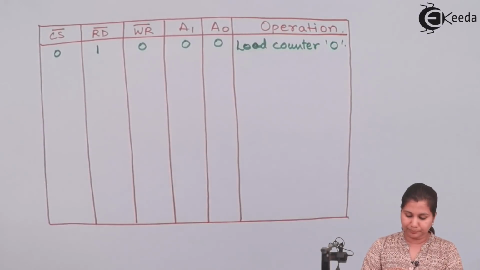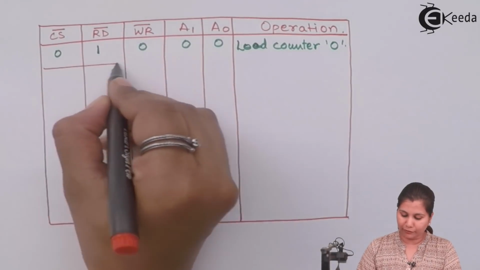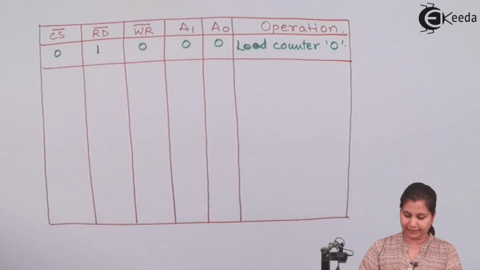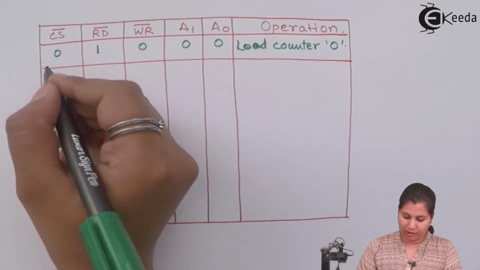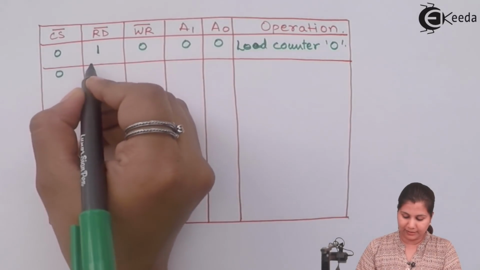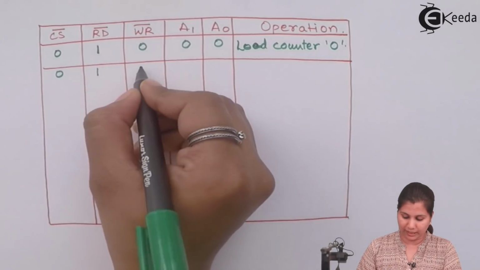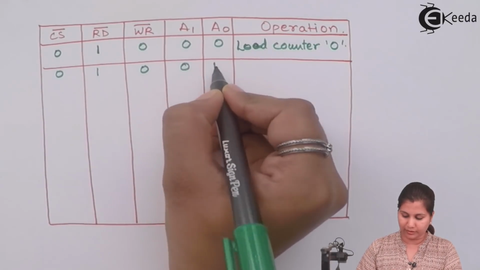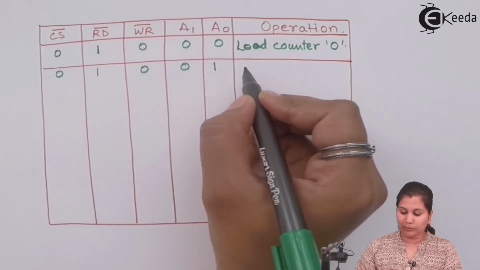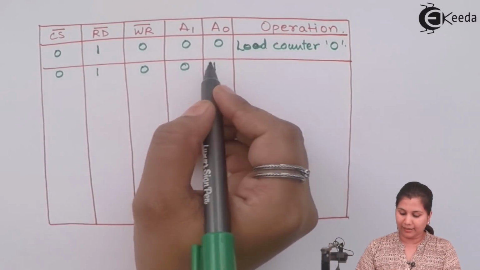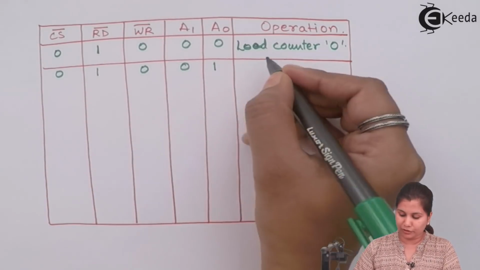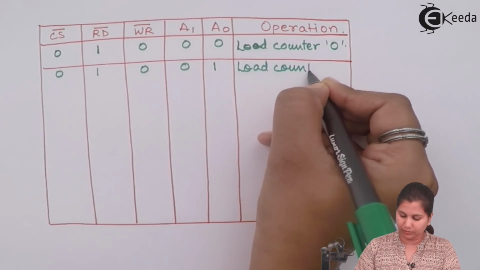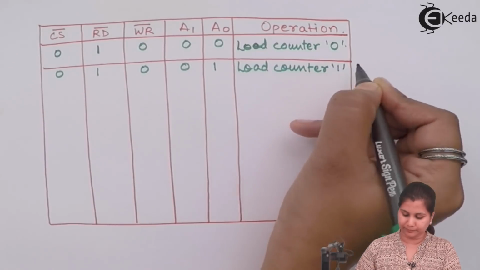Now we again have chip select 0, read 1, write 0, and A1 and A0 are 0 1. Then counter 1 will be selected, and again it will be a write operation, so the function will be to load counter 1.